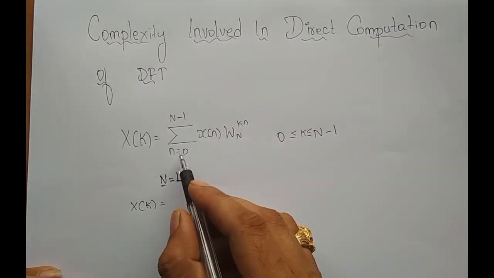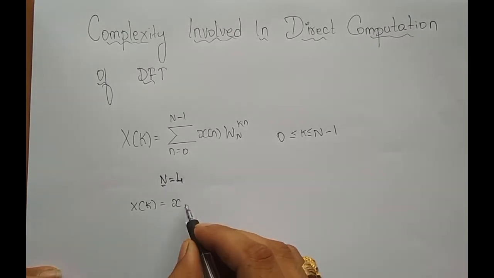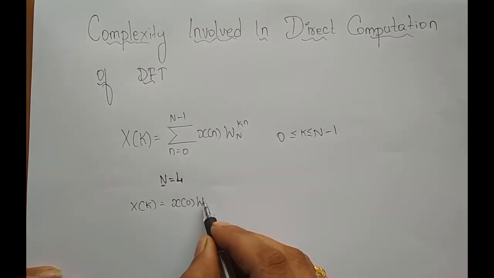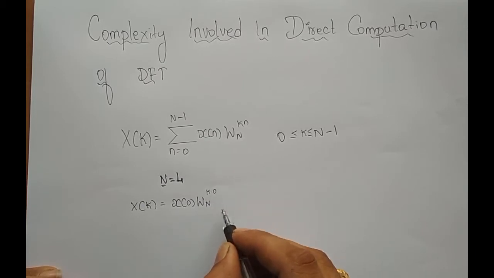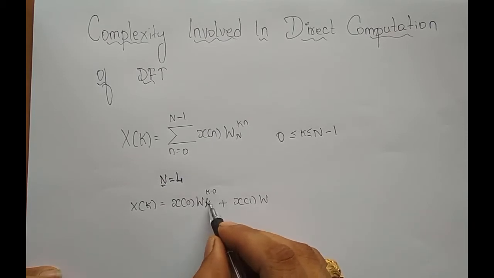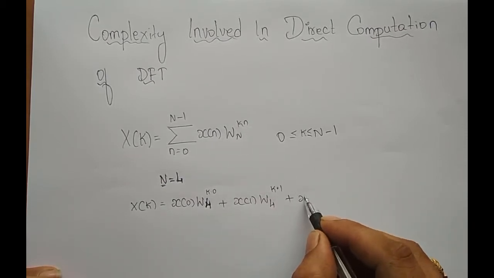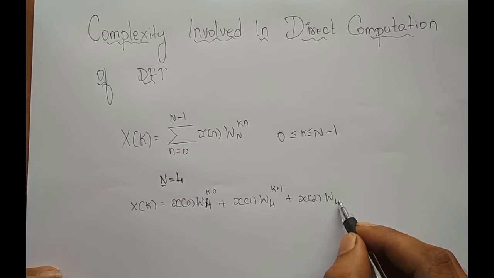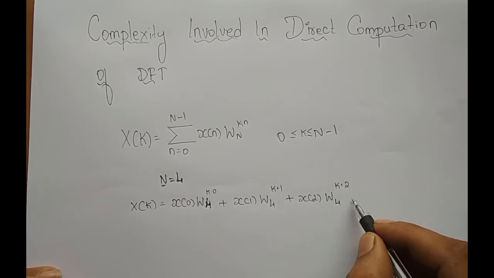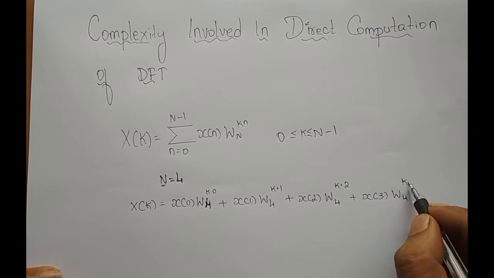So n is taking the values 0, 1, 2, 3. If I put those n values here, X of 0 W_N power k into 0 plus X of 1 W_4 power k into 1 plus X of 2 W_4 power k2 plus X of 3 W_4 power k into 3.